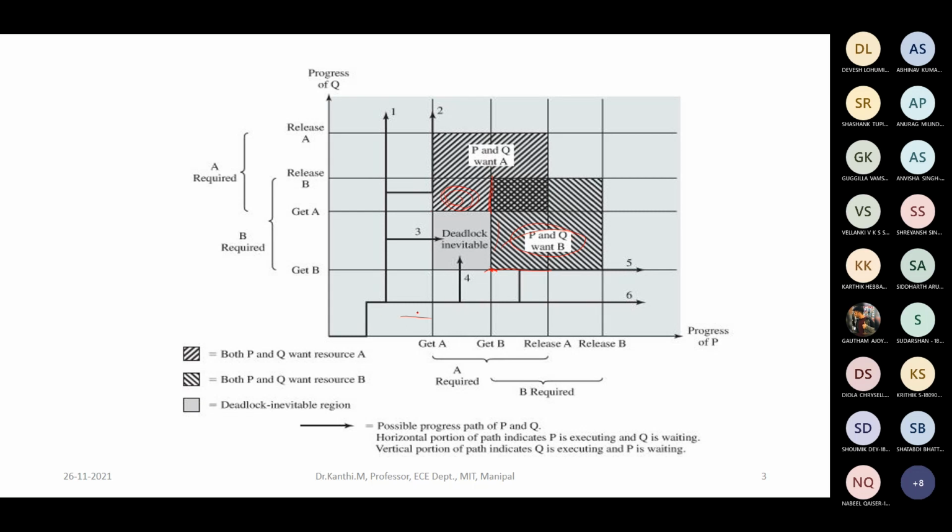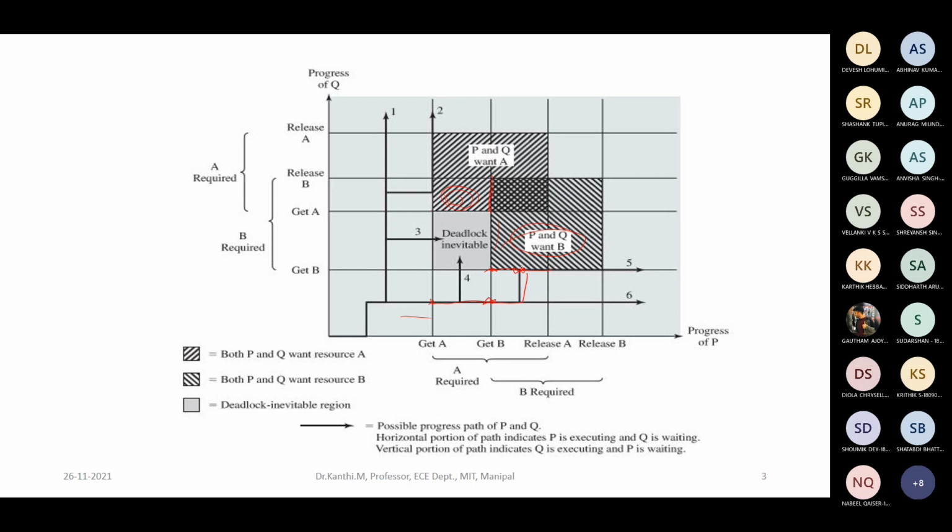So if I go to 5, you begin with P acquiring A, and P acquiring B, and Q tries to acquire B, but B is with P. It's not a deadlock, I mean, it goes to blocking.